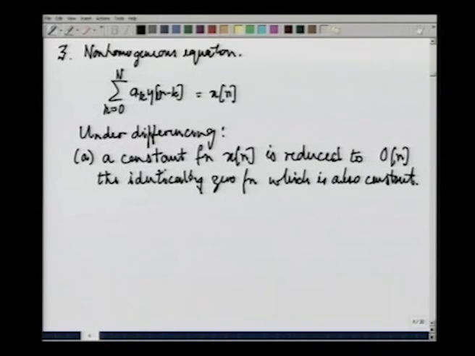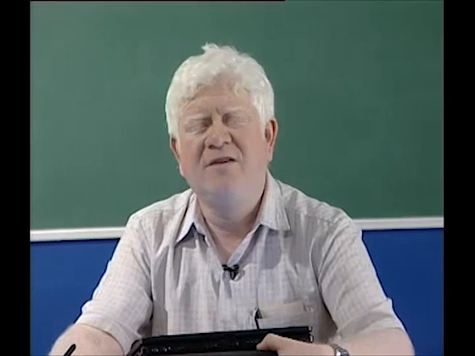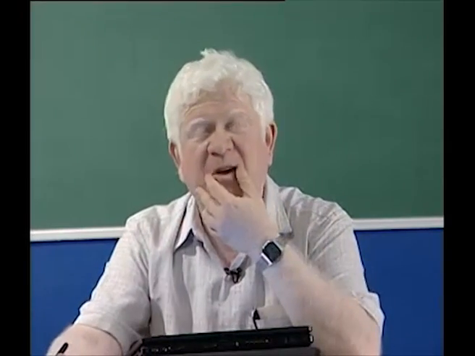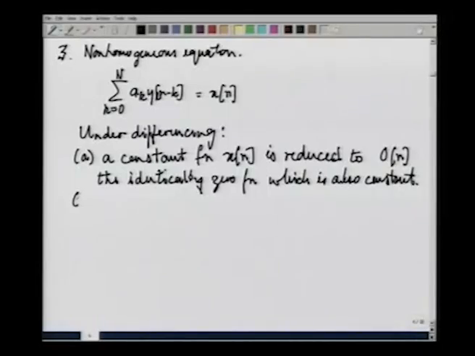This is obvious because when you do a differencing, you take x n plus 1 minus x n or x n minus x n minus 1, and when x n minus 1 equals x n plus 1, differencing would just yield the 0 sequence. That is fine. So, this is one sequence which is invariant to differencing. Another we know of course is the exponential. The third we know, or we guess, is the polynomial.